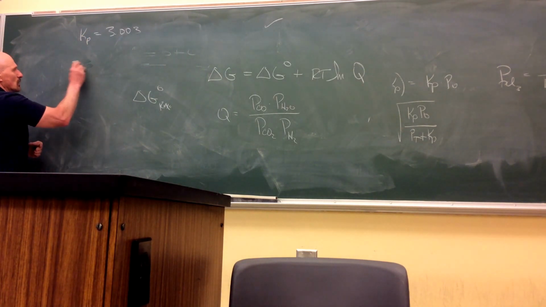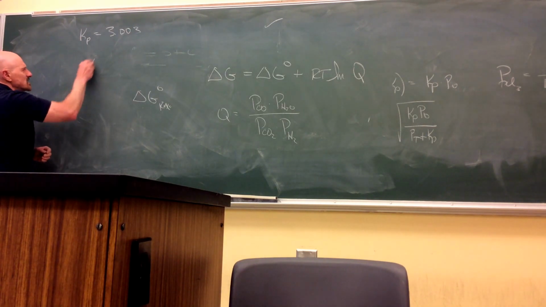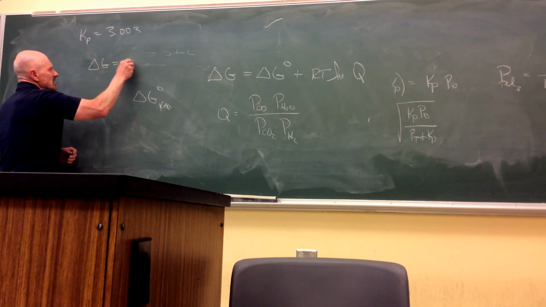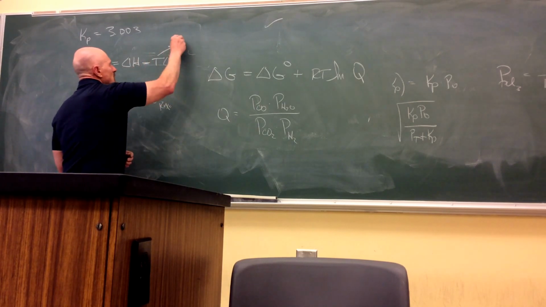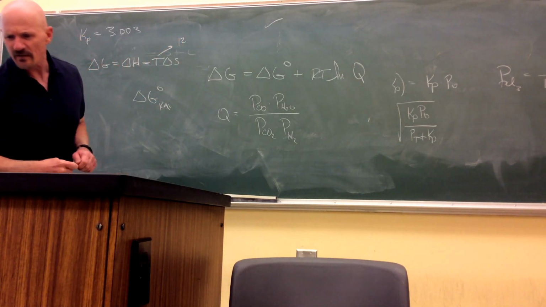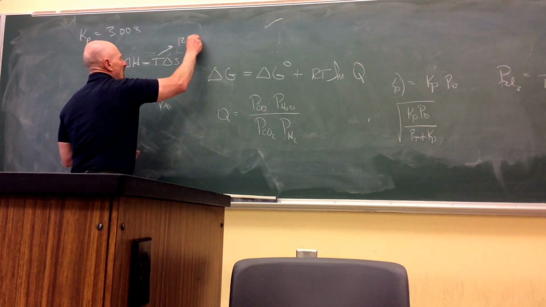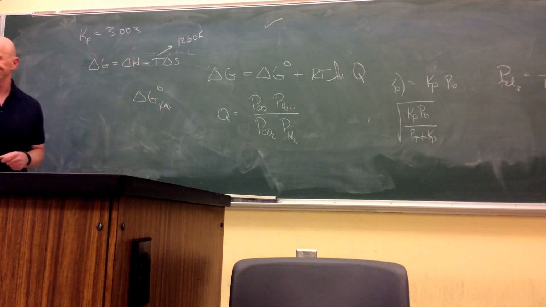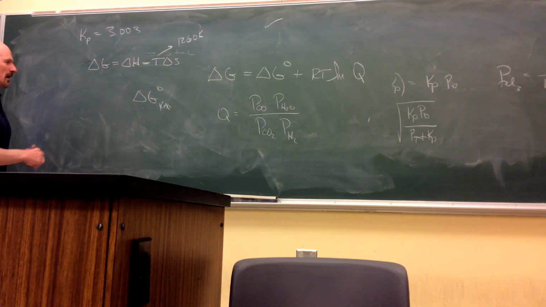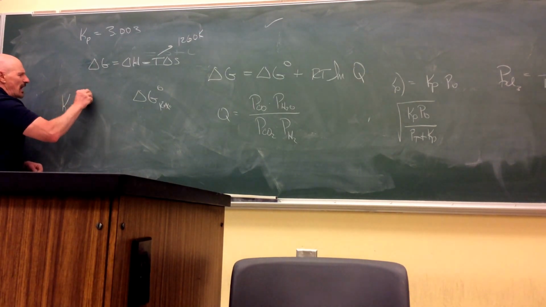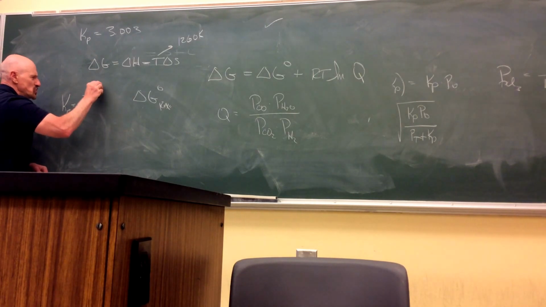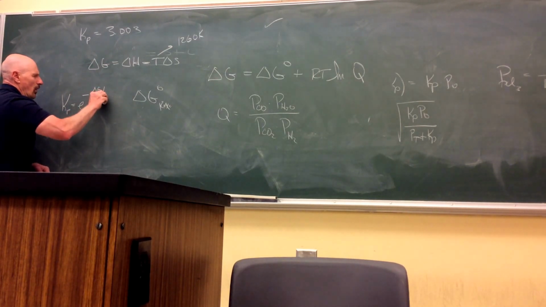You're calculating delta G as delta H minus T delta S, and put 1260 Kelvin in for this. Then get a delta G, and then do this. The Kp is e to the minus delta G over RT.